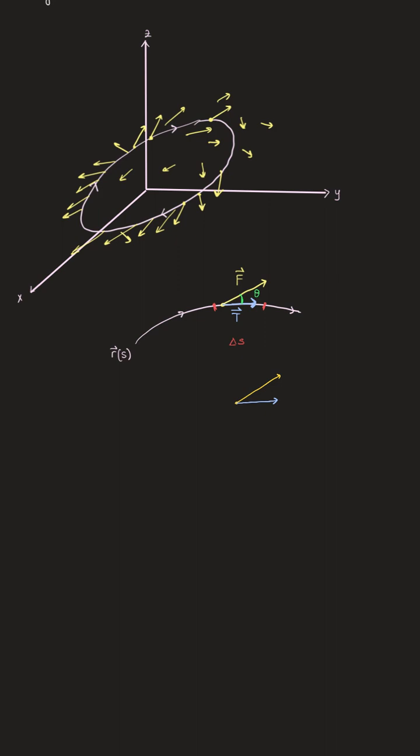And we defined that a long time ago in this course, in the beginning of our course when we were working with vectors. So we want to know, what is the projection of my force vector onto the unit tangent, so in the direction of the curve.